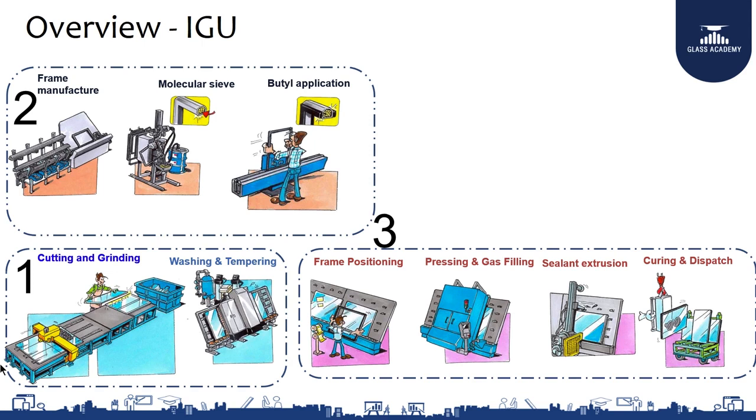Even within an hour you can shift it from one place to another, but we would advise dispatching after 4 hours. That would be ideal, because the silicon would be completely cured, not only the outer layer but the inner layer also, within a 4 hour span. So it can be dispatched properly after curing.